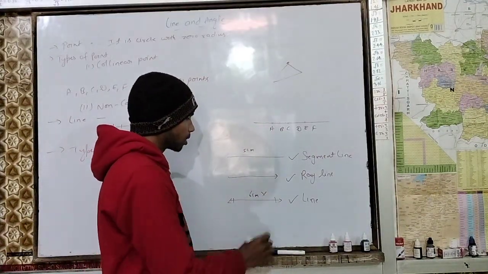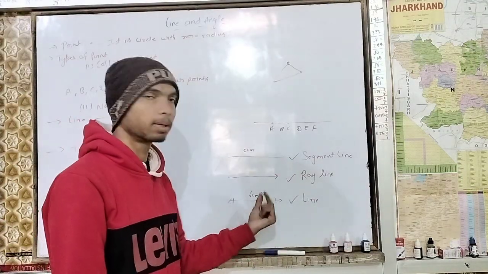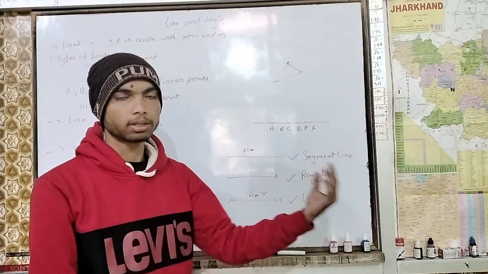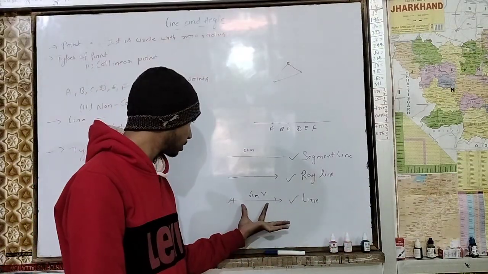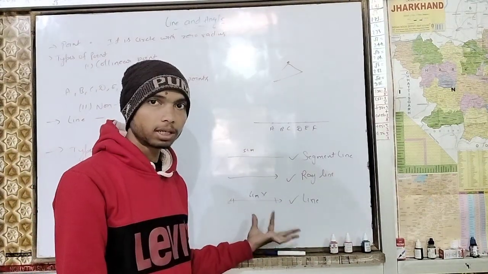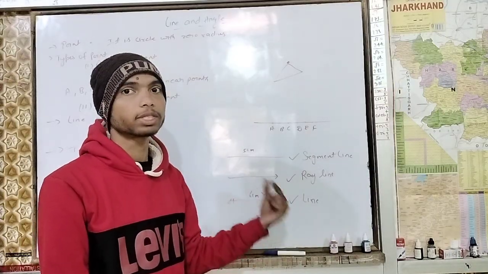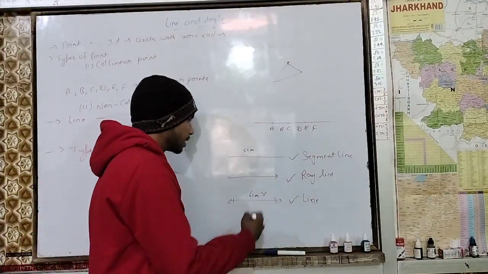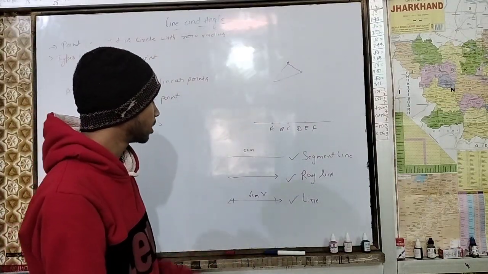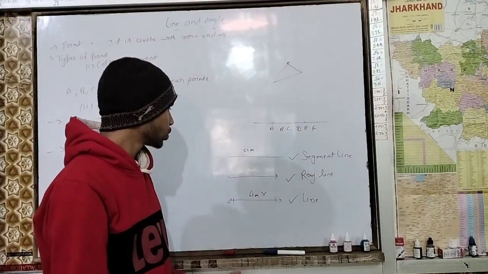You will have to cut some part from this line. Then it will be the correct way to say that yes, this is the measurement of this segment. This part that we cut is again a line, but which type of line? You would say a segment line. Six centimeters is the measurement of this part. In this case, you understood.